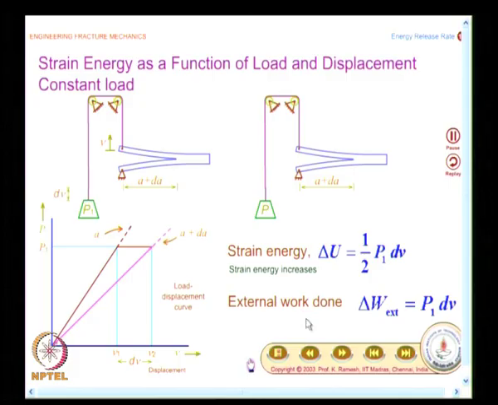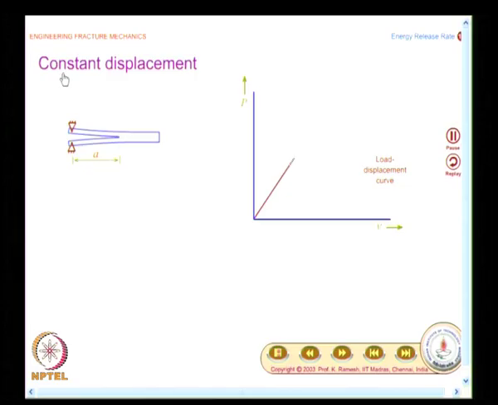And we have also looked at the other case of constant displacement, and here again you find when the crack is longer, the stiffness of the component decreases.